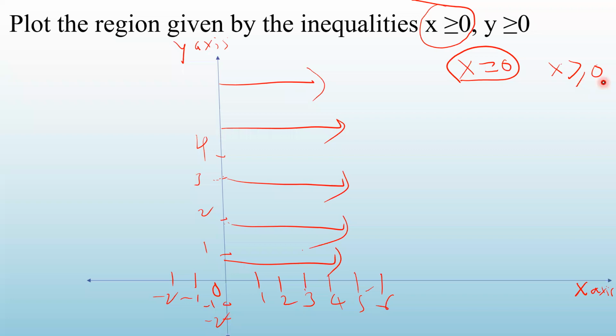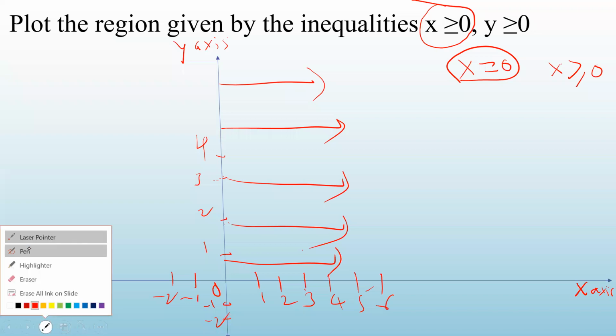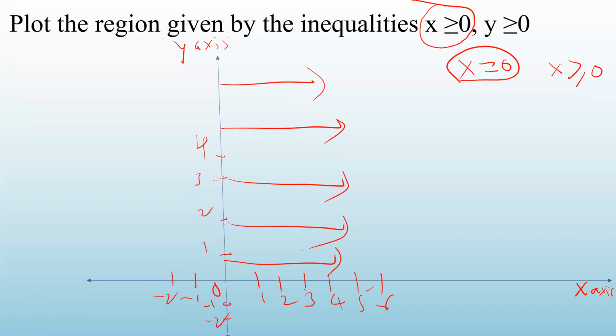So this region is what? This region is here. आपको थोड़ा सा ध्यान देने का जरूरत है. So this region is everything on this line and to the right side. Are you getting this point? Yes or no? So what is x greater than or equal to 0? Everything on y axis and to the right of y axis. Correct?